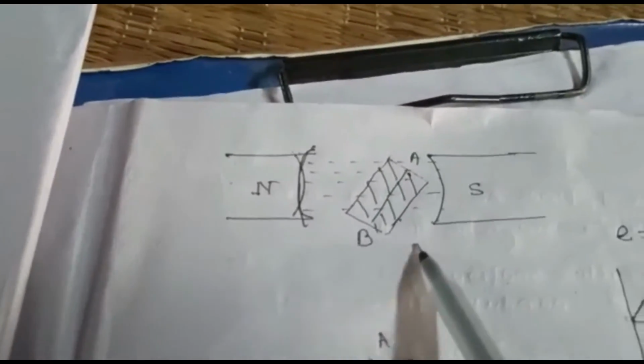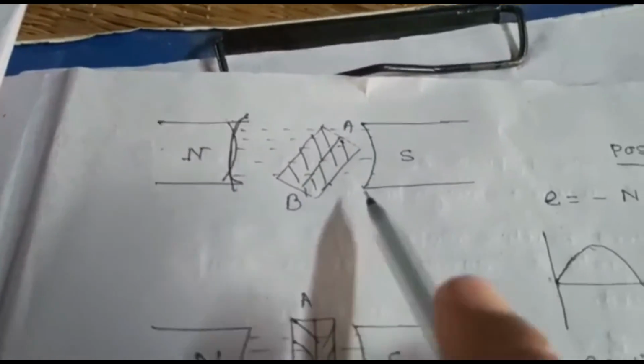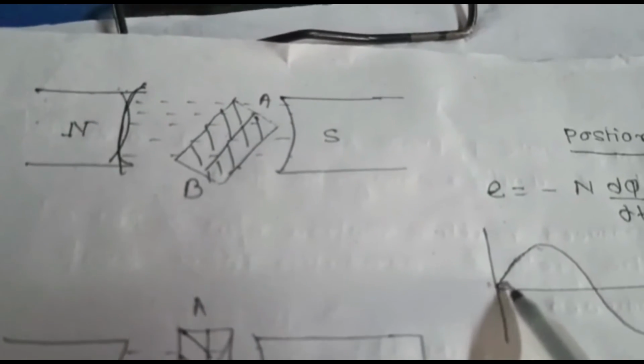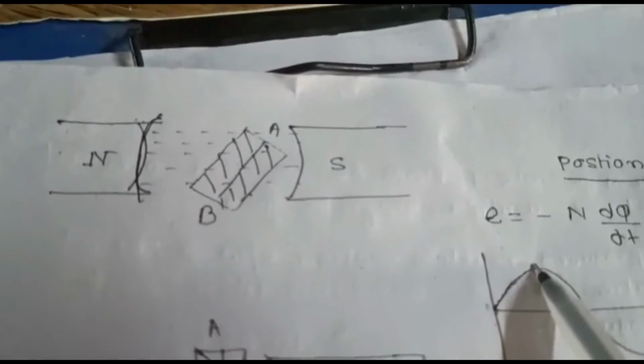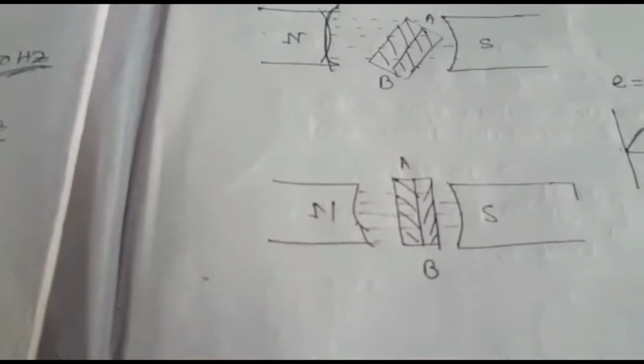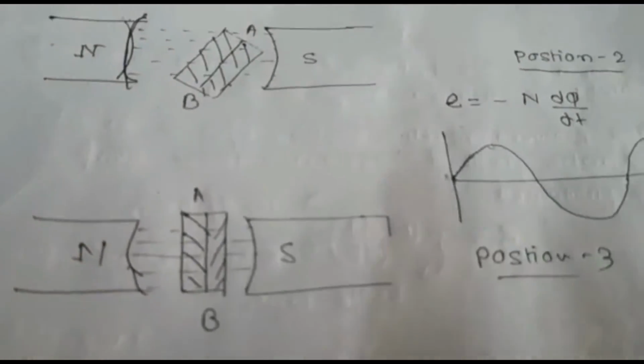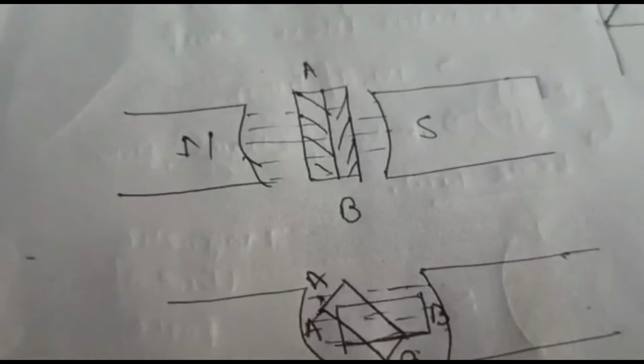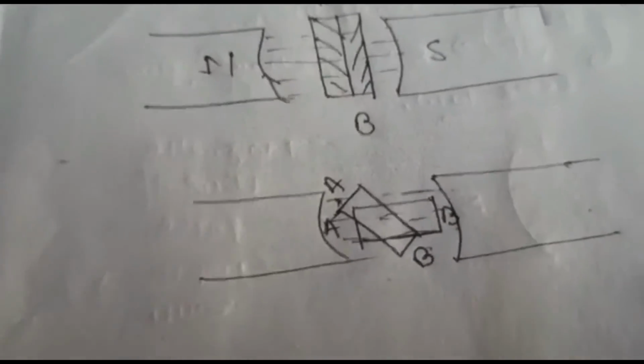Look at here, from the 0 point, the rest condition, the first condition, no flux is linked with the conductor, so there is no EMF. Then in the second condition, EMF is induced and increases, so the curve starts from 0 and then increases. At this point, where the conductor is perpendicular, it reaches the maximum value.